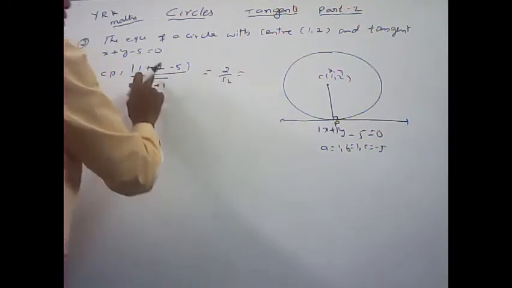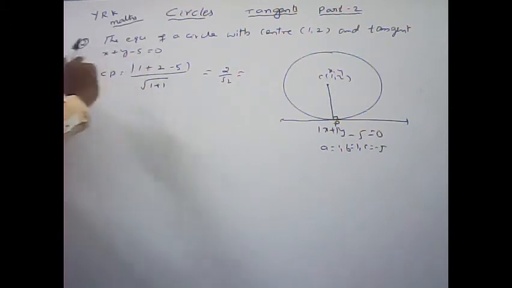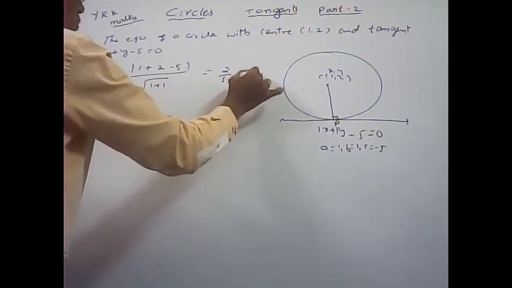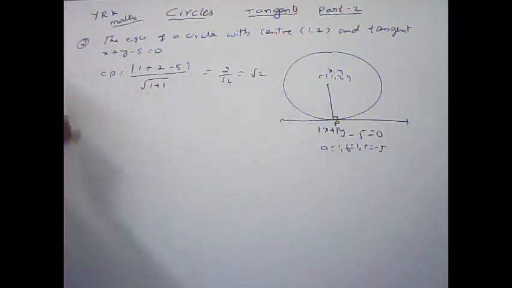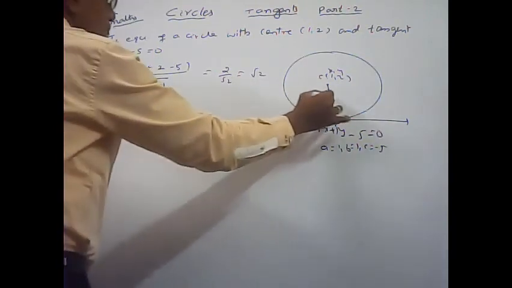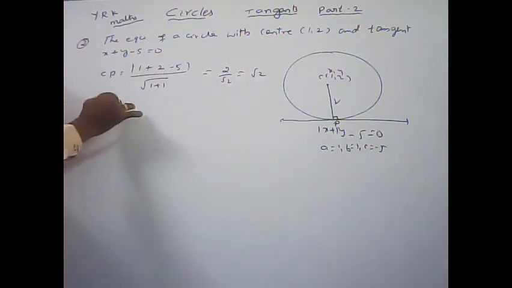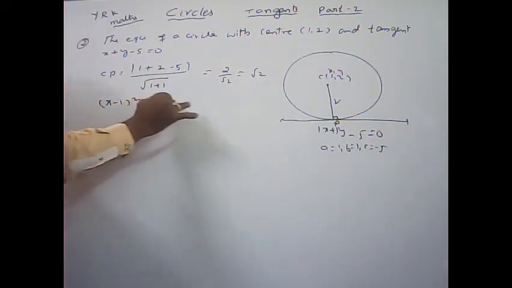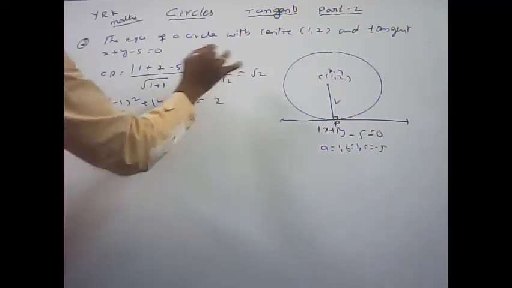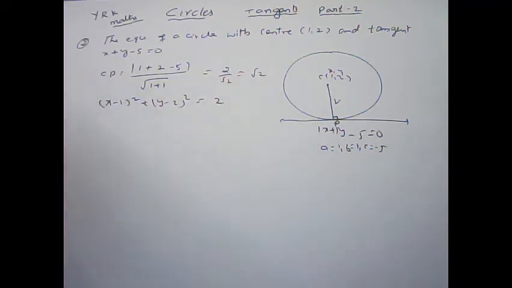The modulus of minus 2 is 2, so 2 by root 2 is root 2. This is the radius CP. Now this is the center and this is the radius. So (x minus 1) whole square plus (y minus 2) whole square equals r square, root 2 whole square, that is 2.